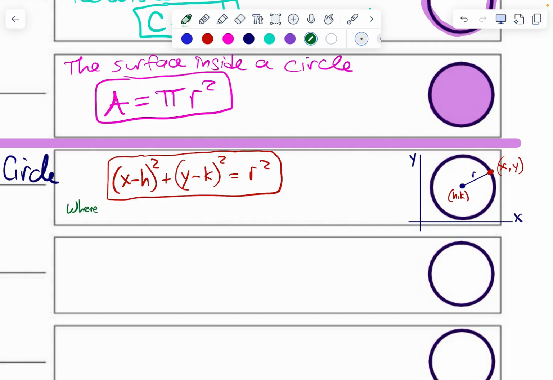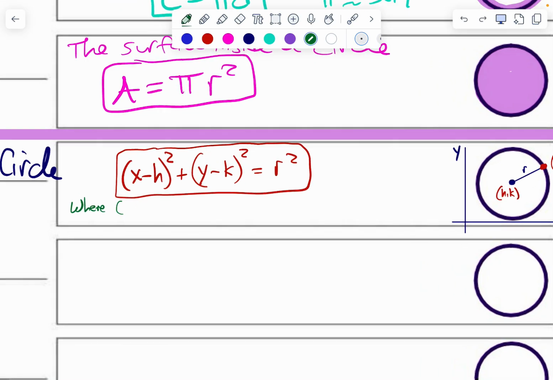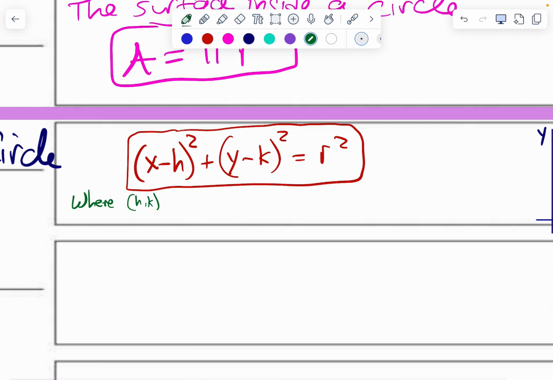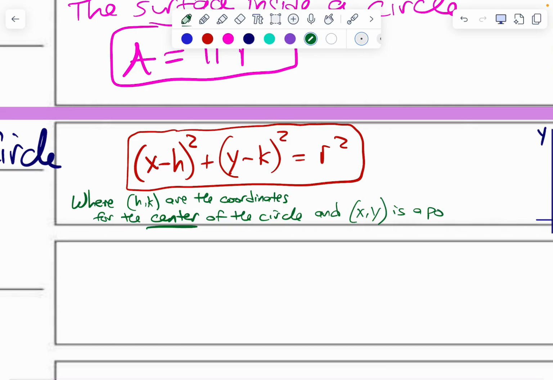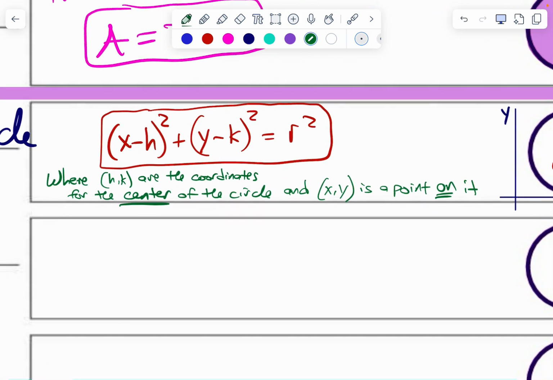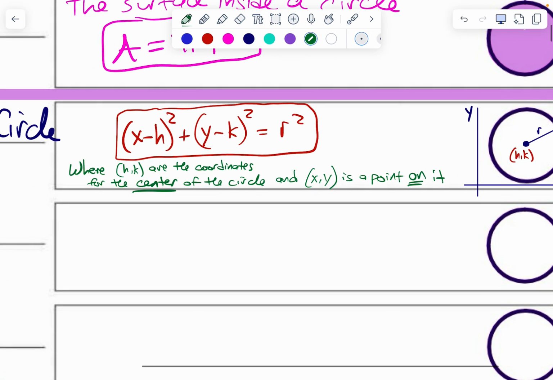Okay, so we'll say where H. Okay, let me fix that H. Okay, and then XY is some point on the circle, on the edge.